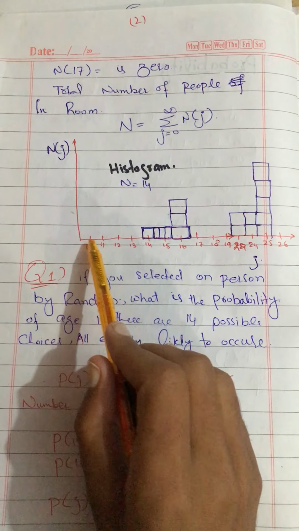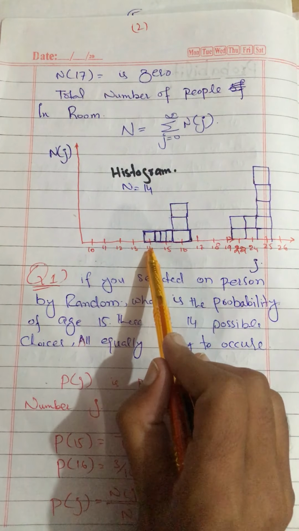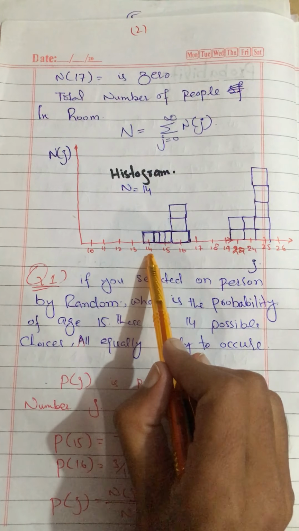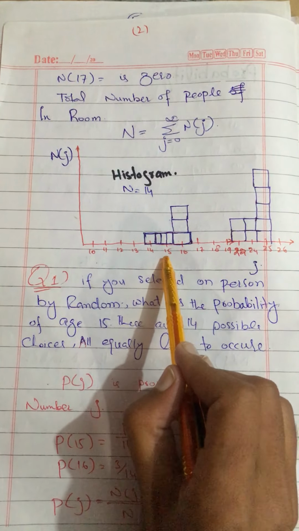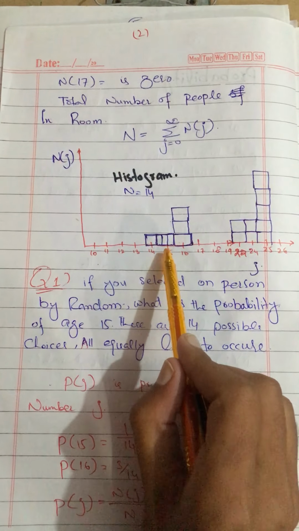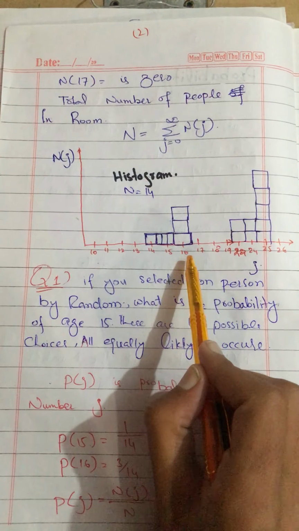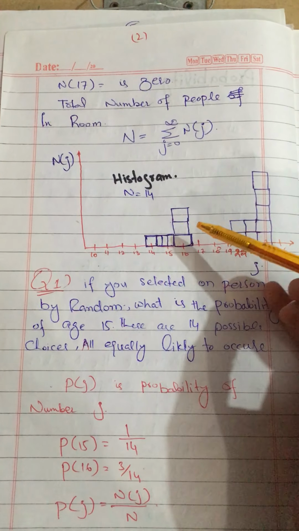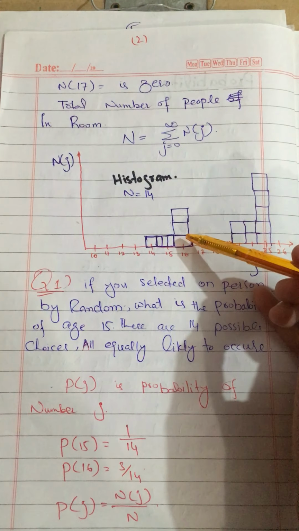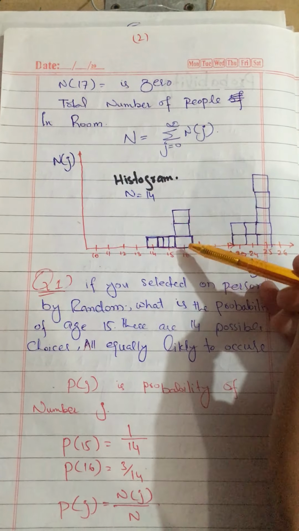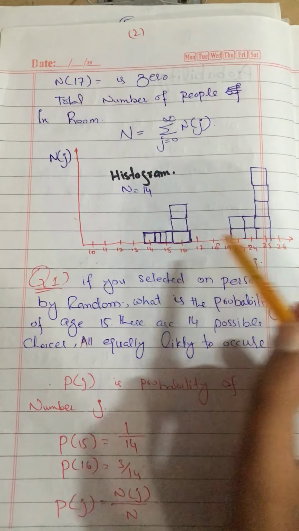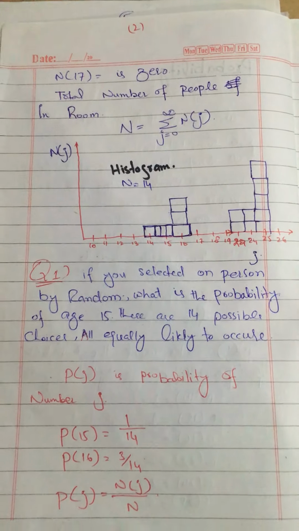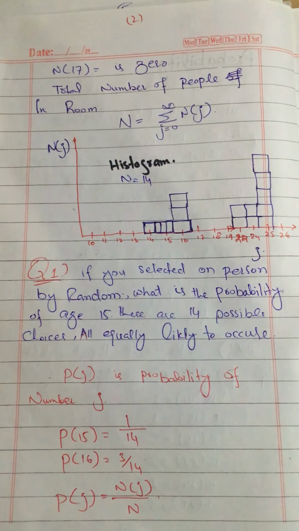So it represents that the person who has age 14 is only 1 in number, and the person who has age 15 is also 1 in number, and the people who have age 16 are 3 in the room, like 1, 2, 3. So there are 3 people who have age 16 in the room, and likewise for the other numbers. So this is the histogram of different ages.